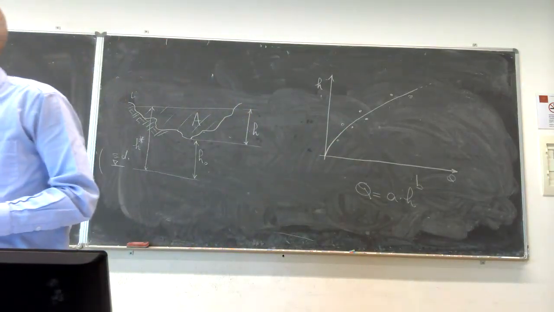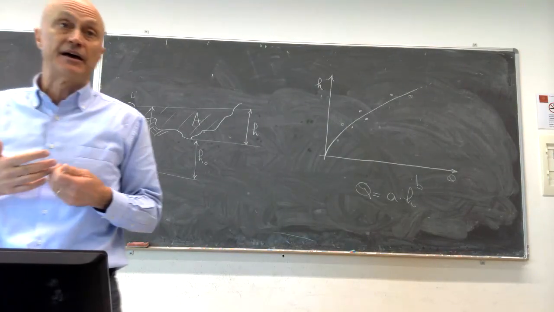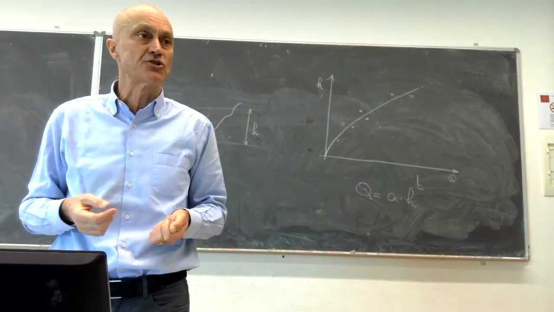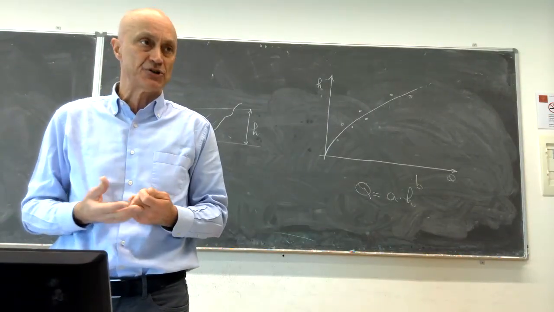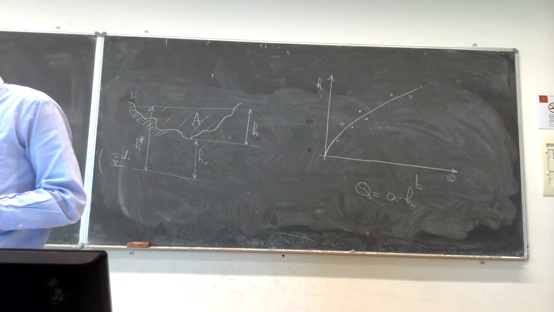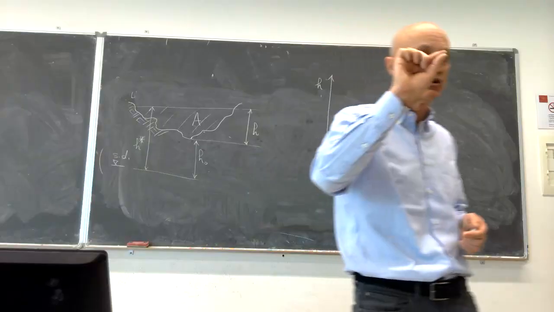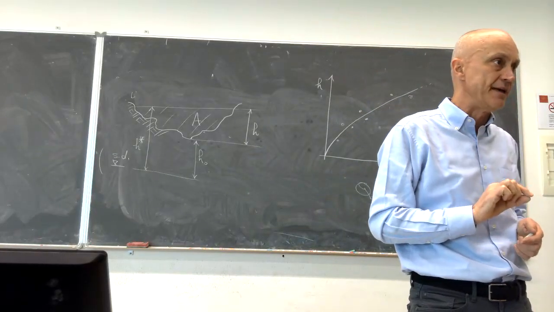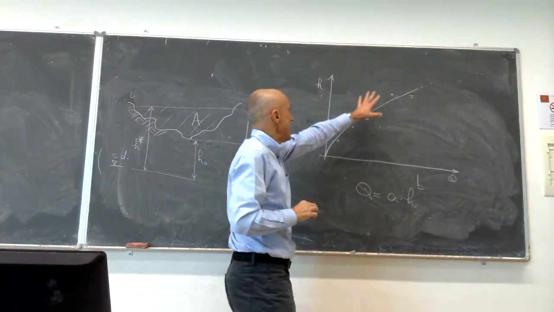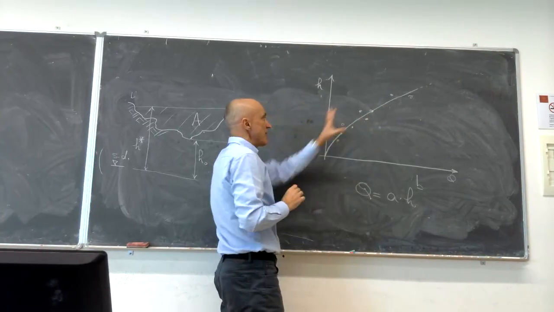Errors are typically associated to the discharge value, not the water level value that we can get with the precision of a millimeter or below. Okay? So this is why the pairs of observations are scattered around a mean behavior that we have to get by estimating the parameters A and B. So far, so good?